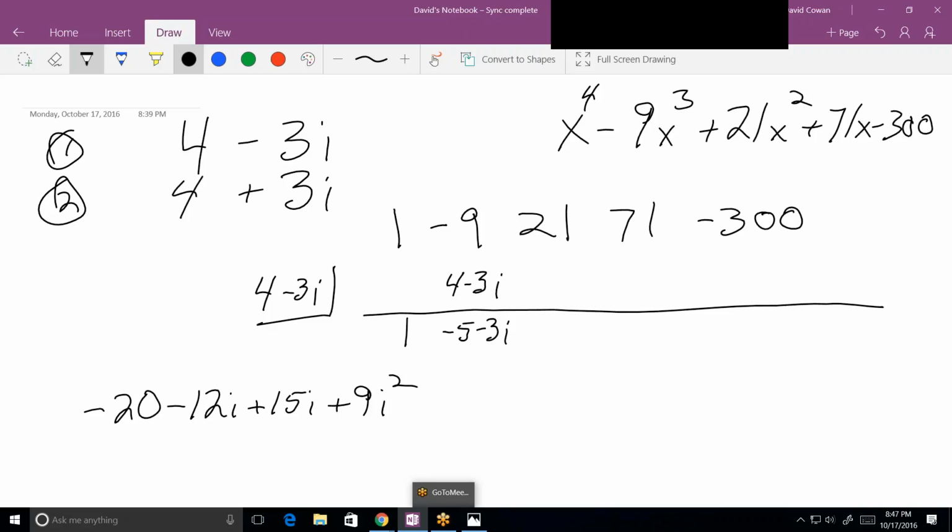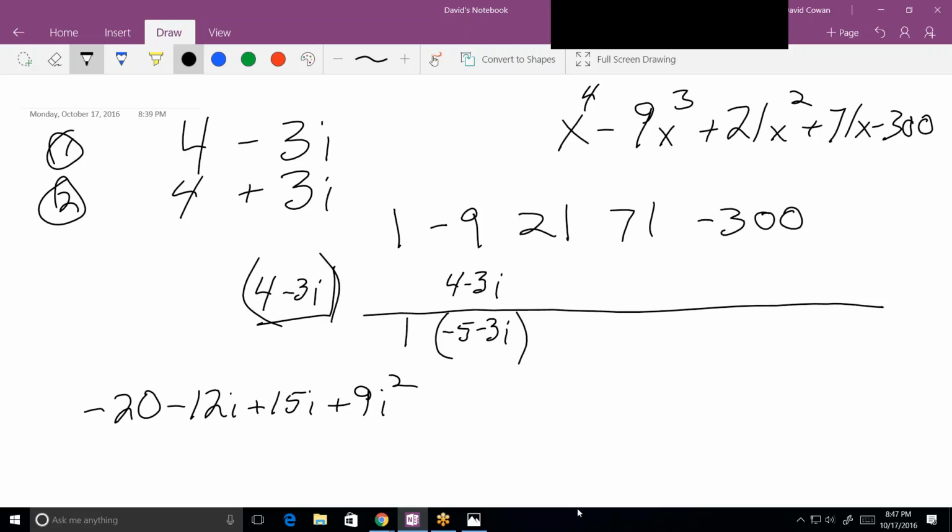Did I do that right? In other words, I'm multiplying this times that in order to write something there. I just did it by foiling it. Minus 12i is correct, plus 15i is correct, plus 9i squared is correct.